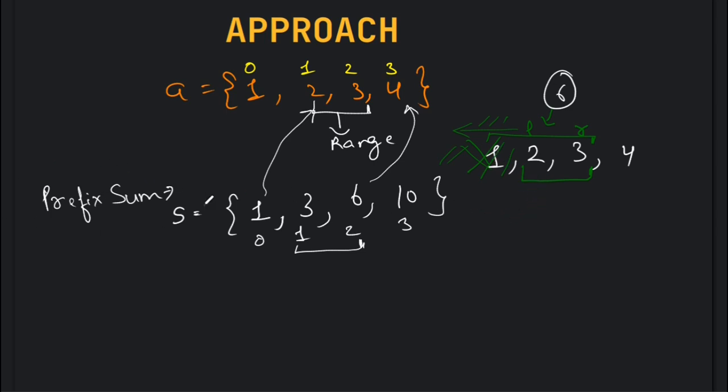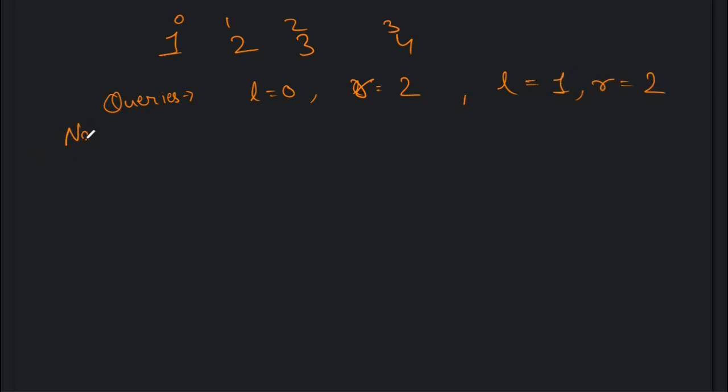So let's say we didn't use the prefix sum approach. We can go like 1, 2, 3 and 4, with indexes 0, 1, 2, 3, and then we will get some queries. Let's say L equal to 0, L equal to 2, and one query L equal to 1. A very naive approach, so let's discuss the naive approach, can be starting this in a for loop.